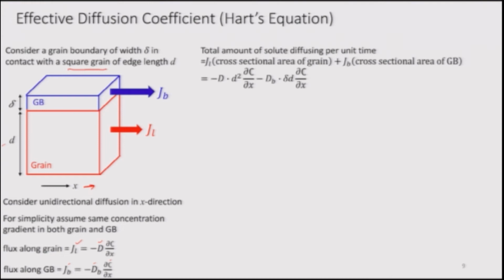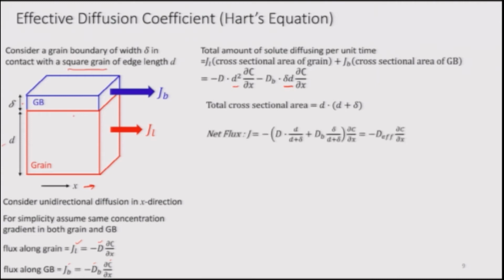The cross sectional area of grain here, it is a square grain, so it will be d square, and the cross sectional area of grain boundary would be delta times d. And so, the total cross sectional area combining the grain boundary and grain would be d times (d plus delta).